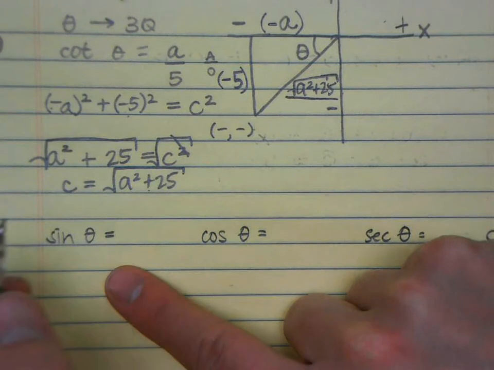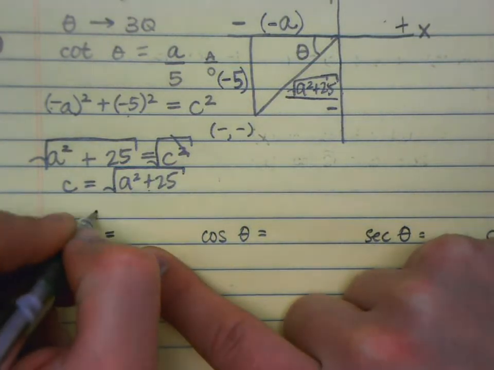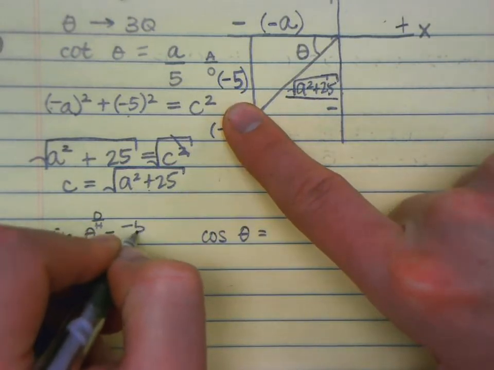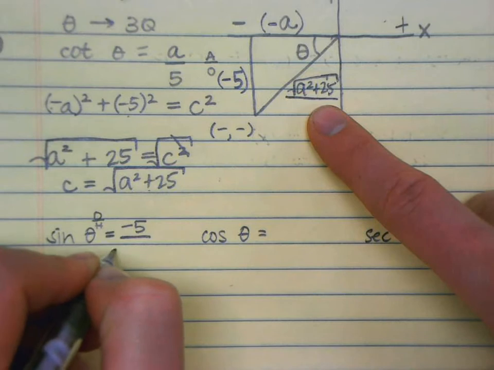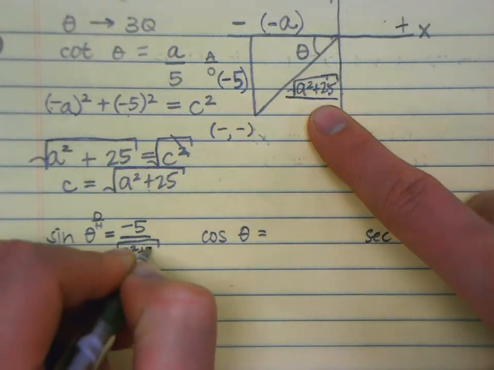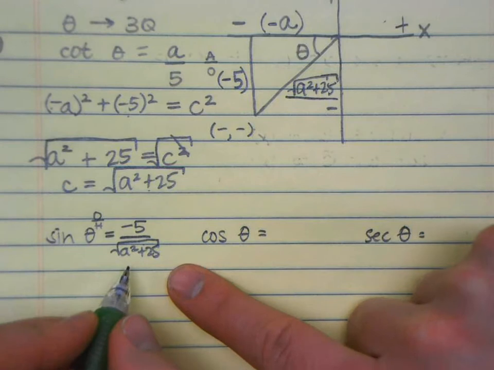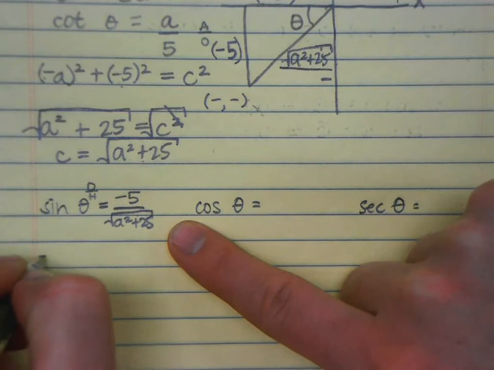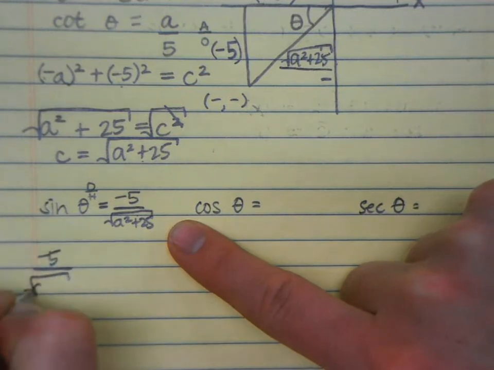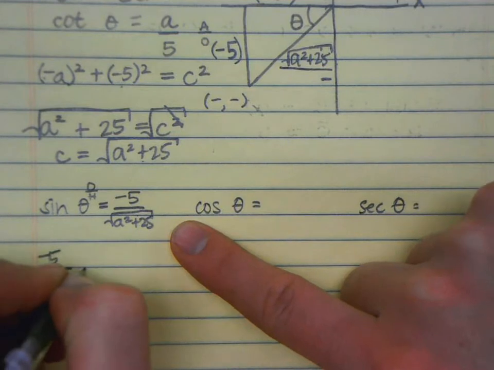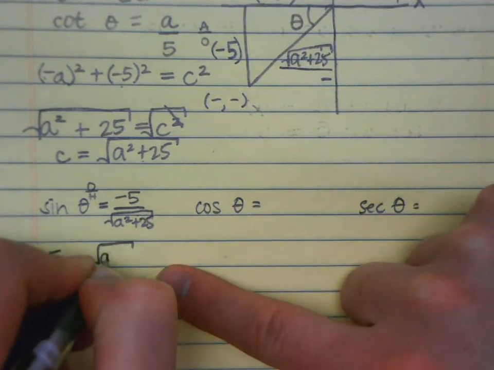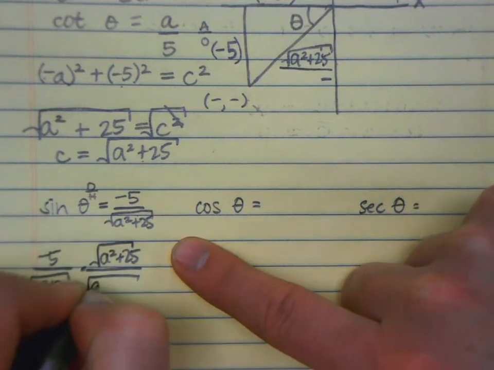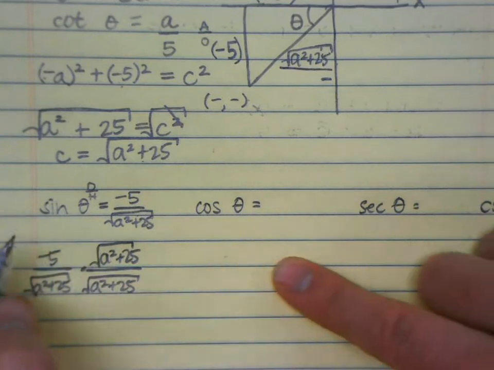Okay, sine of theta. Well, sine of theta is going to be opposite over hypotenuse. So the opposite side is negative 5, and the hypotenuse is radical a squared plus 25. Alarm bells should be going off because we cannot have a radical in the denominator. So this is actually going to be negative 5 over radical a squared plus 25, and I'm going to multiply times a fancy 1 in order to simplify this expression.